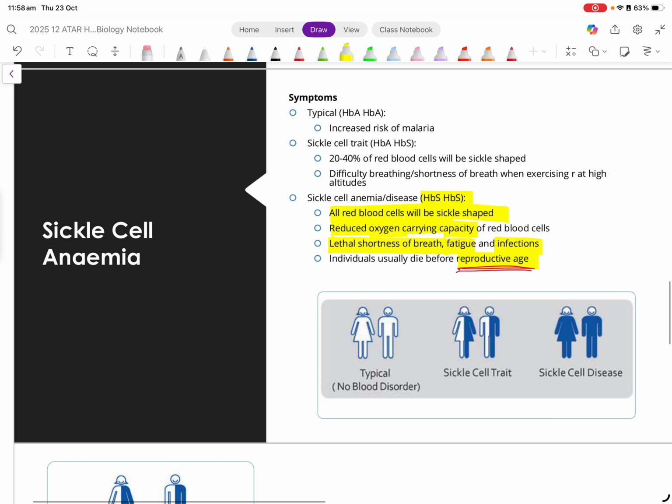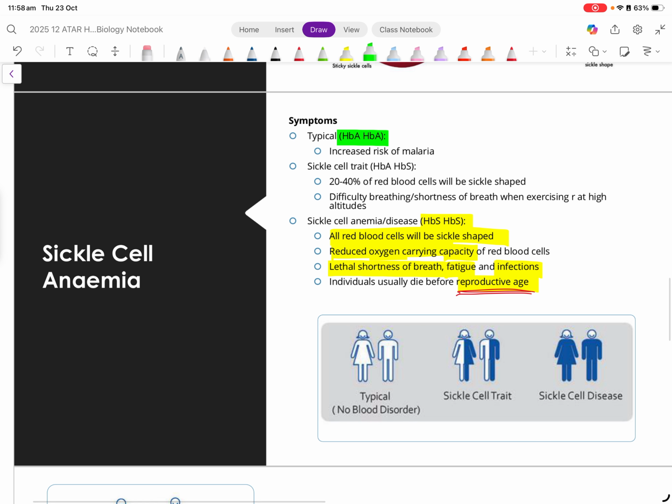People without the sickle cell trait, so those individuals with two normal hemoglobin alleles, are generally at an increased risk of malaria in areas where malaria is very prevalent. And here's the interesting part.